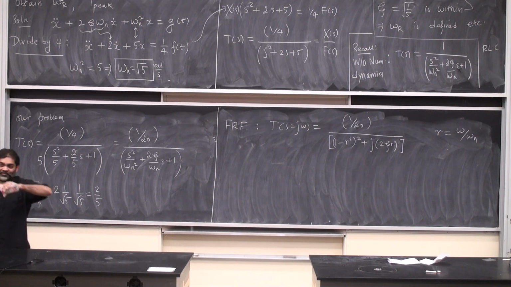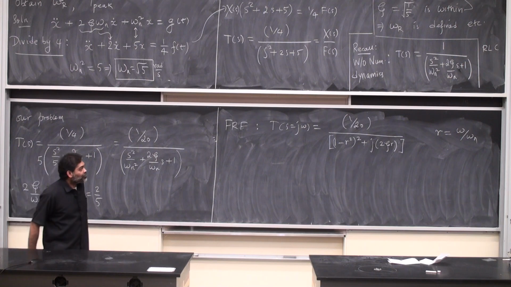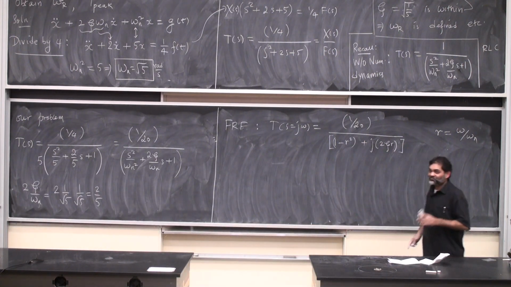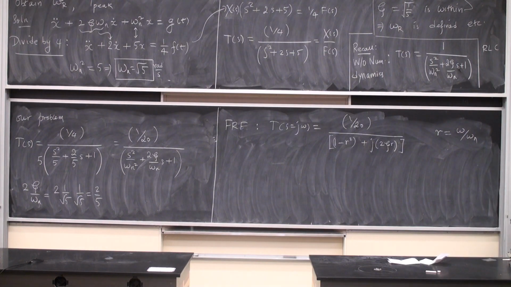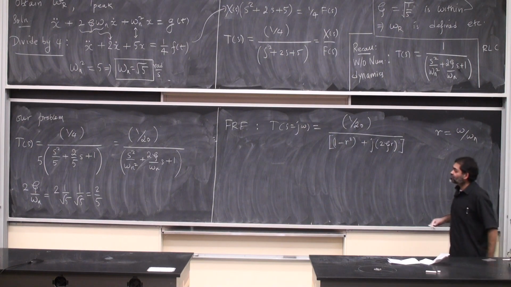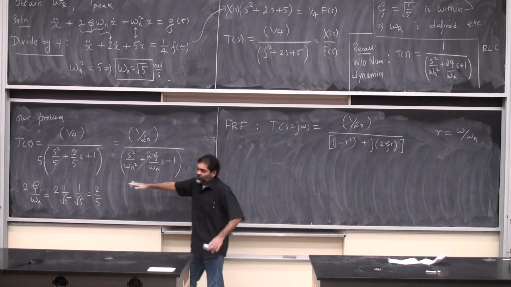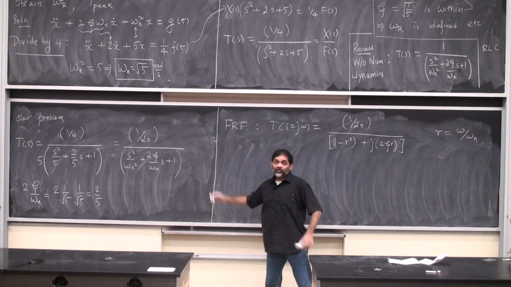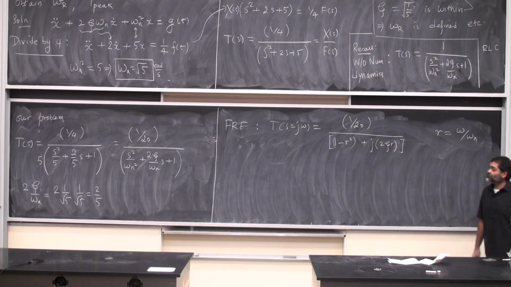Is there an extra square on the 1 minus r squared? Yes, thank you. I'm getting ahead of myself. 1 minus r square, and then this is the frequency response function, fantastic. The validation is just done for a sanity check, for checking to see if everything is working out, and of course it should be, as we have been doing it together.